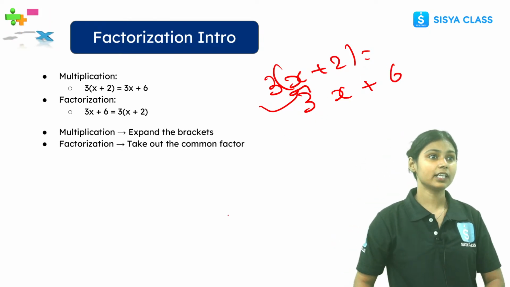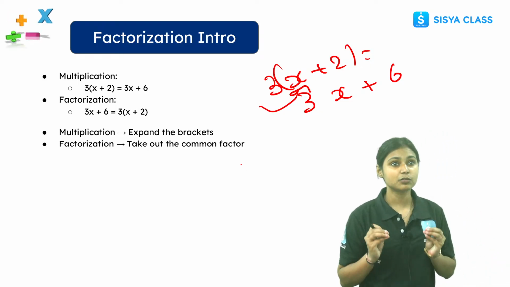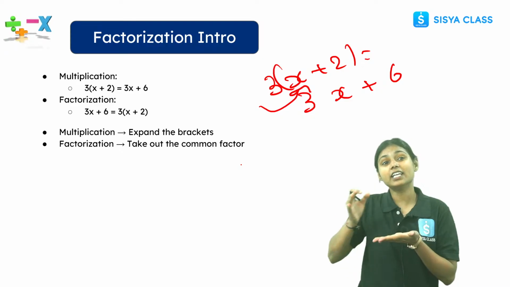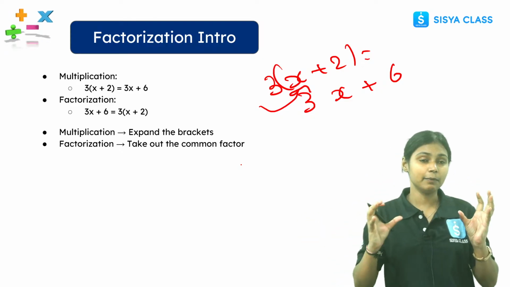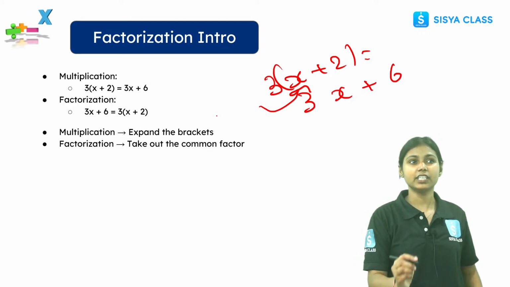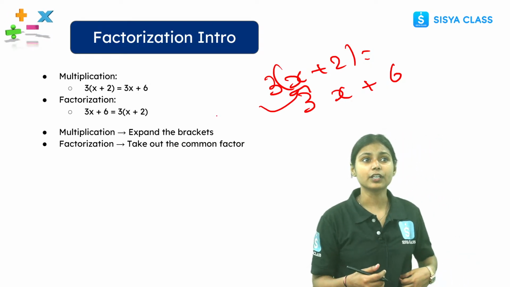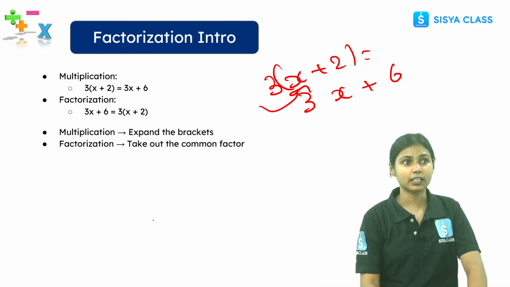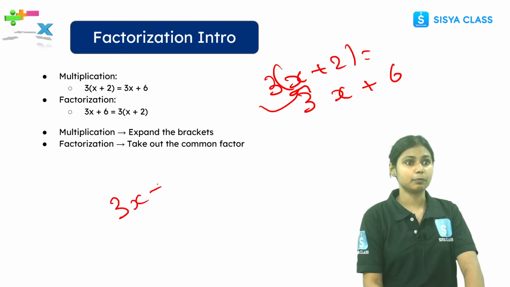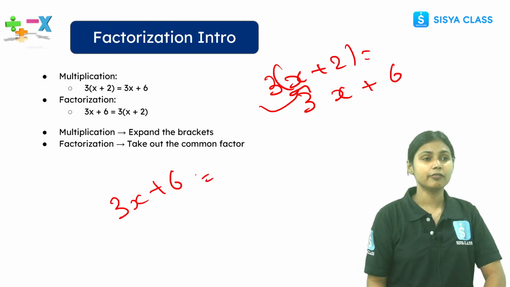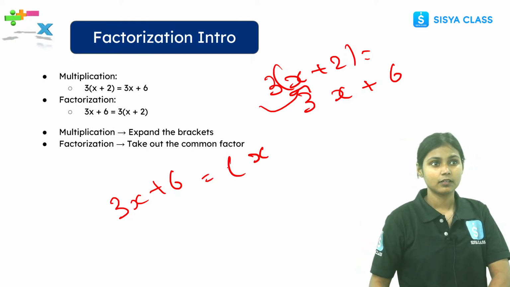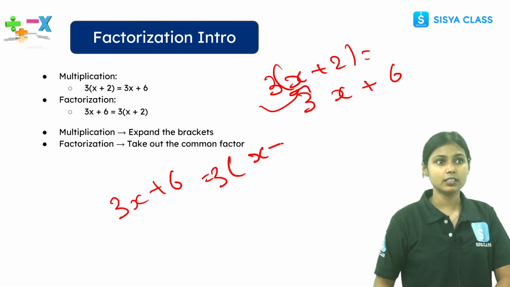Now what is factorization? Factorization is just whatever number we have, we are going to divide it into smaller parts, so that ultimately the number will become the same. For example, if we have 3x plus 6, then how are we going to factorize it? We write 3x plus 6, and then we can factorize it like 3 times x plus 2.